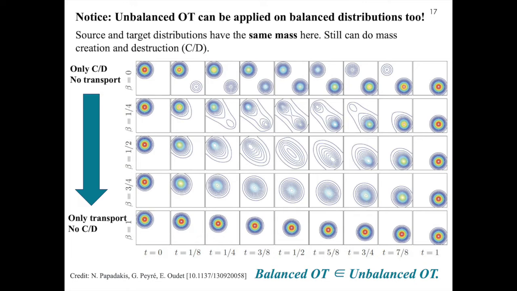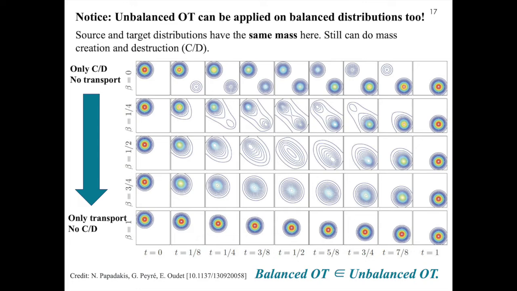Okay, so this is a very nice visualization of different ways to transform two circles into each other. Basically, these two circles are exactly the same, except they are located at different locations. On the first line, you only have mass creation and destruction, and no mass transportation is allowed. So what you do is you simply fade out this top circle and fade in this bottom circle.